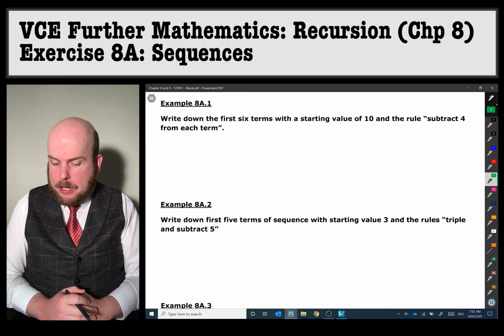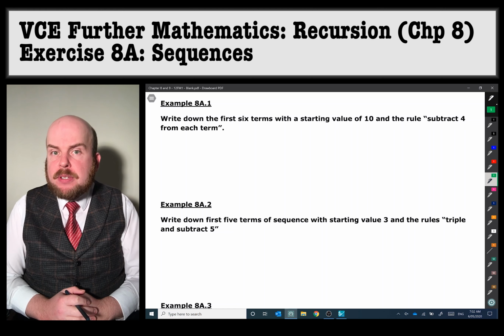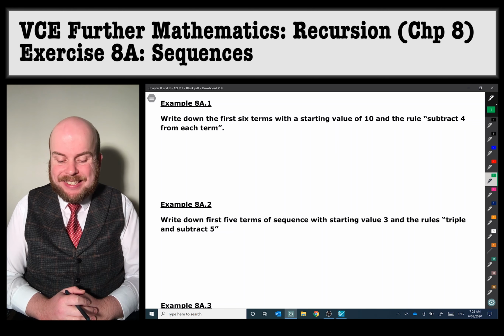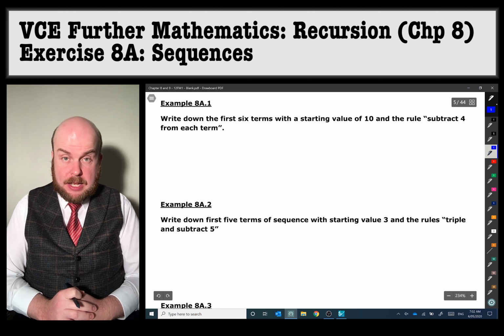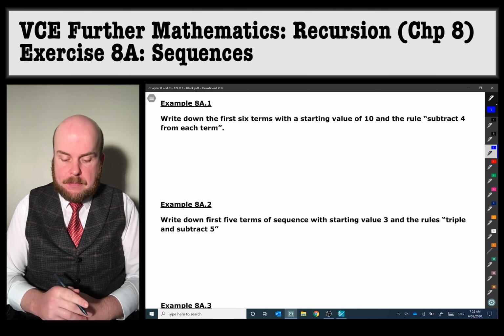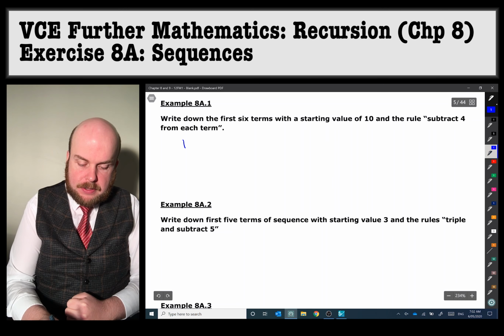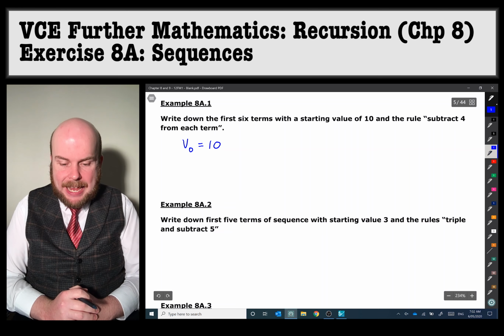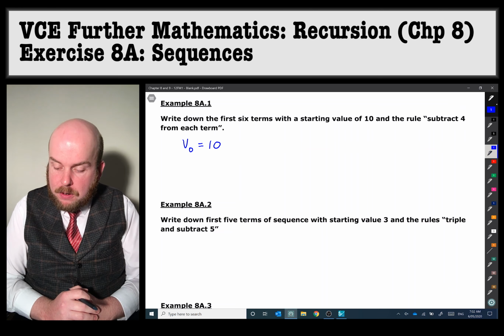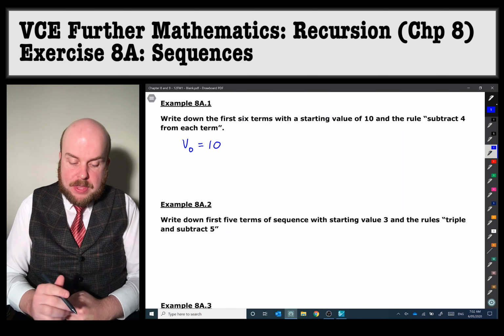Example 8a.1. Write down the first 6 terms with a starting value of 10 and the rule subtract 4 from each term. So the first thing we need to identify here is the initial term. Our initial term is 10, and we're subtracting 4 from each of these.